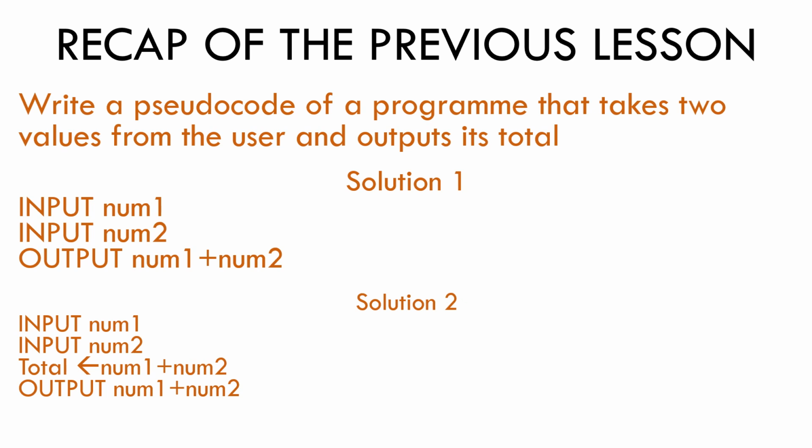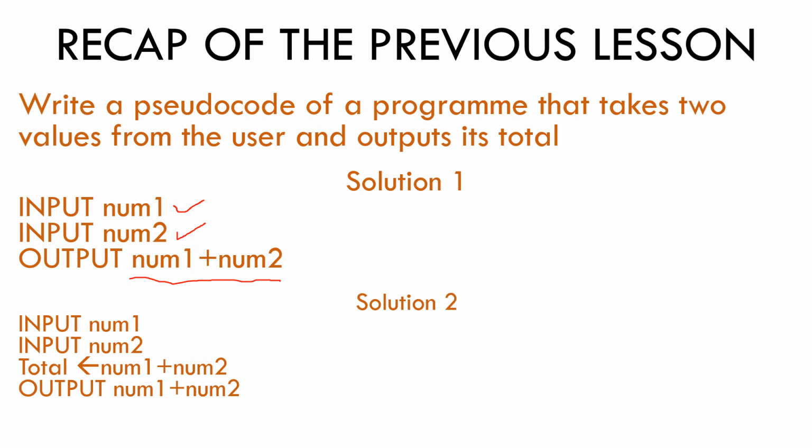First one is simple: you ask the user to input num1 and then you ask the user to input num2. So the user can enter one value here and one value here. And then you output both of the values added together, num1 plus num2. Whatever the answer is, it will output the total.